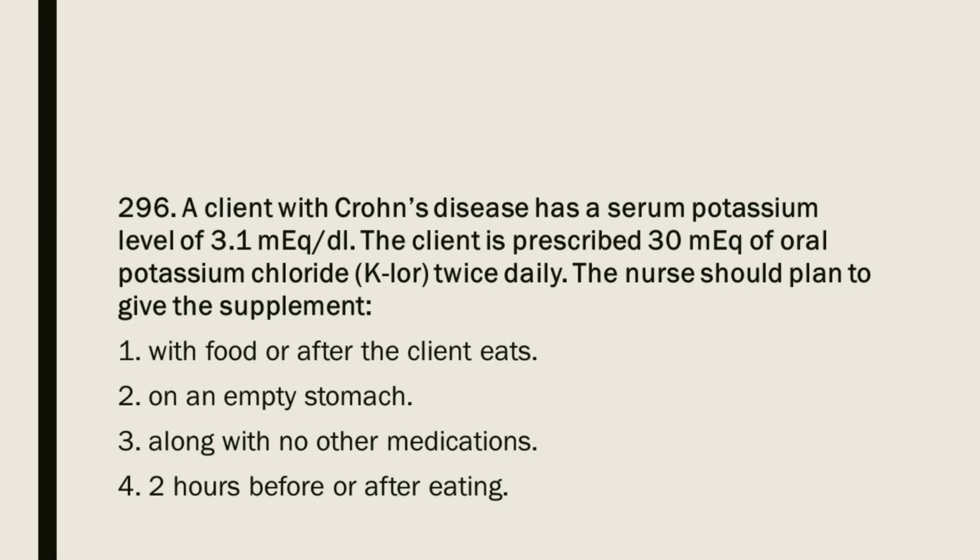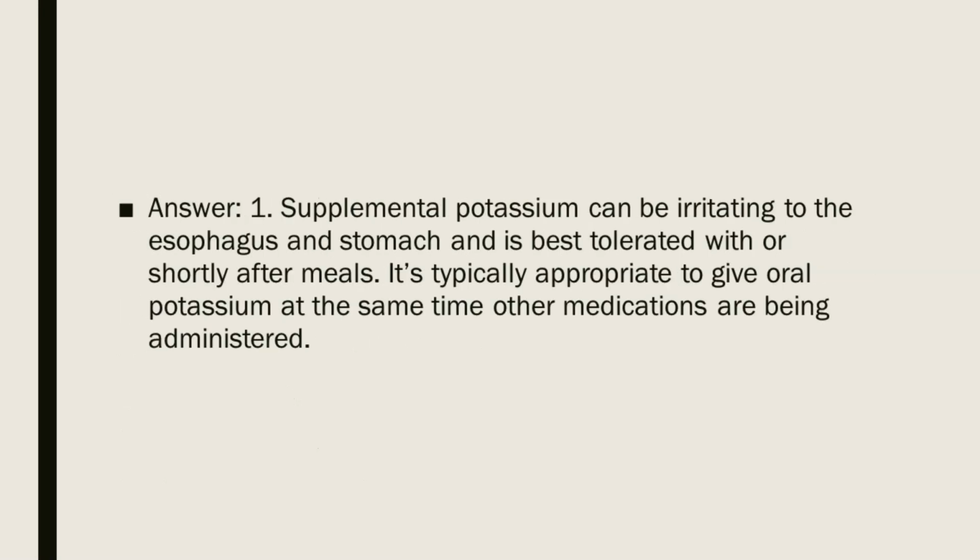Along with no other medications. 4. 2 hours before or after eating. Answer: 1. Supplemental potassium can be irritating to the esophagus and stomach and is best tolerated with or shortly after meals. It's typically appropriate to give oral potassium at the same time other medications are being administered.